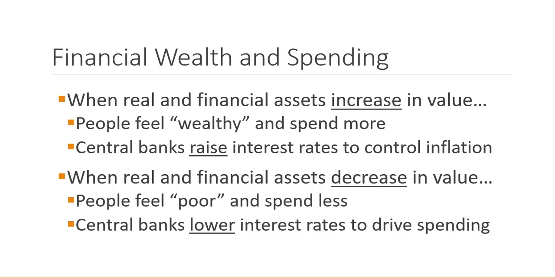Loans aren't as expensive because of the lower interest rate, and so there will be some offset in the economic slowdown due to the decrease in asset values. The offset is lower interest rates encourage individuals and companies to borrow and do some spending, even though they might not be as motivated as they normally would be given the decrease in asset values.